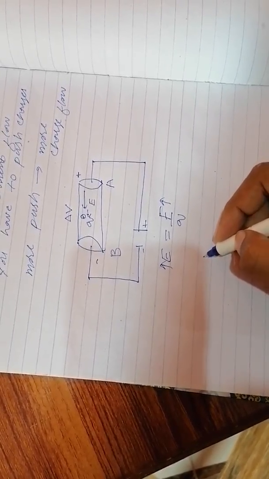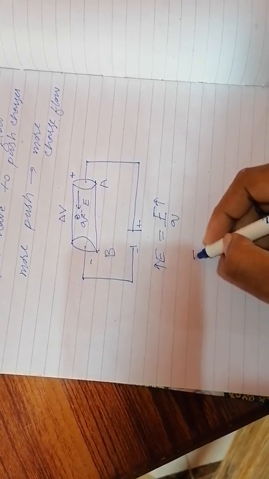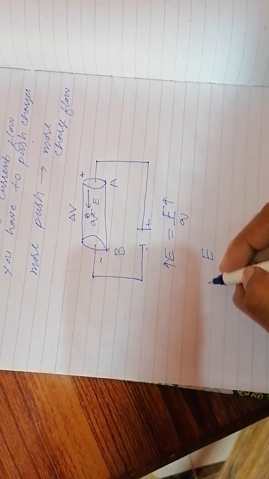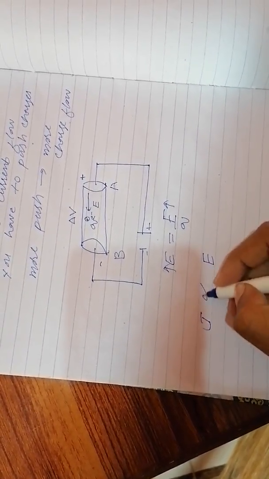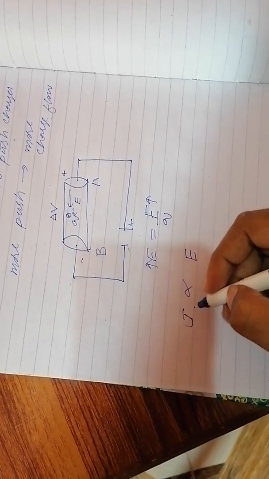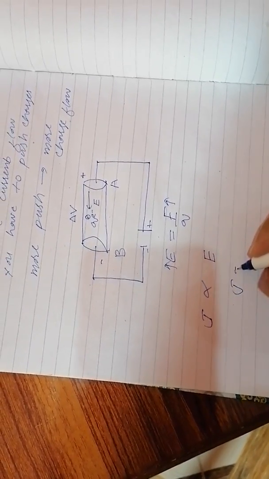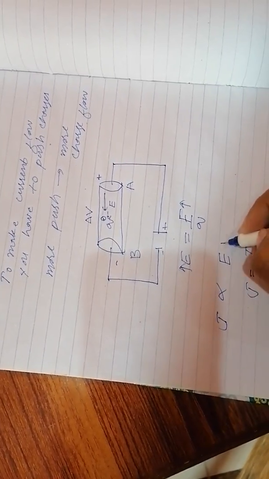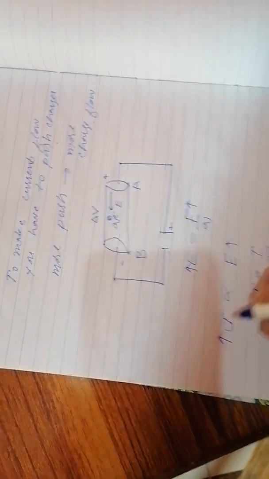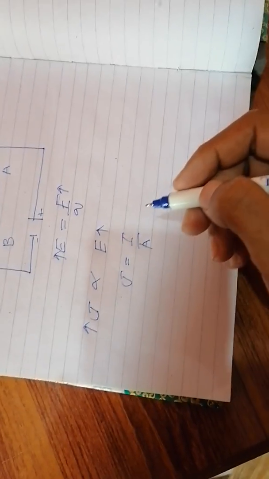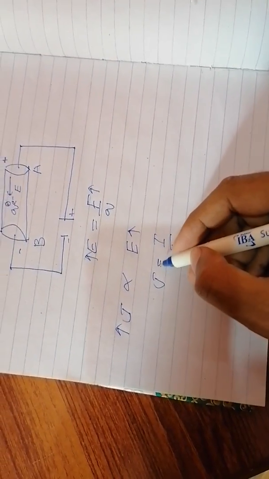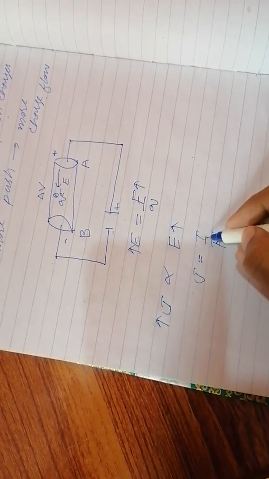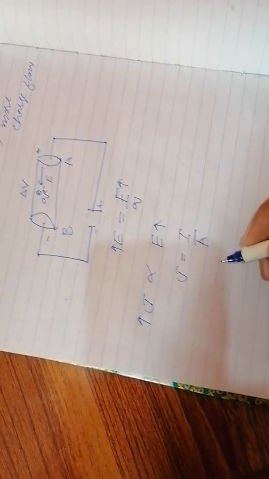So we say that J, current density, is directly proportional to electric field. J is here current density, I over A. It means if you increase electric field, you increase J current density. So as you increase electric field, you actually increase the current.